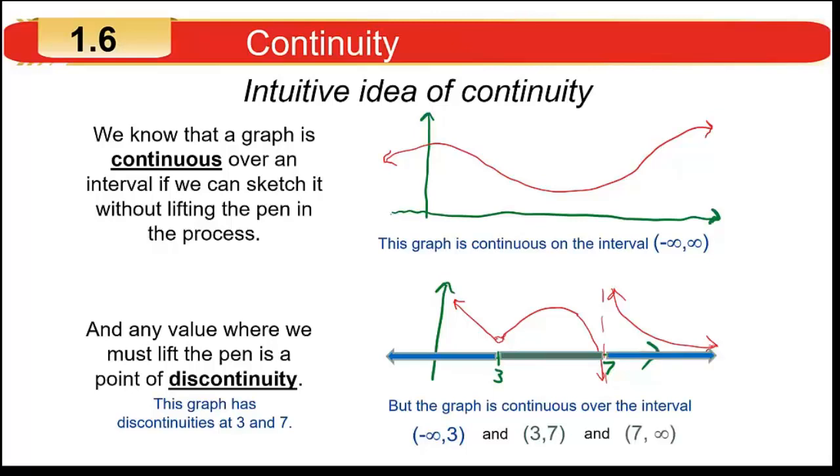And then again, once you pass 7, from 7 to positive infinity, you have continuity. So the graph, as originally presented, has 2 discontinuities, 3 and 7. Those 2 discontinuities split the graph into 3 segments. Each individual segment on its own domain is continuous.